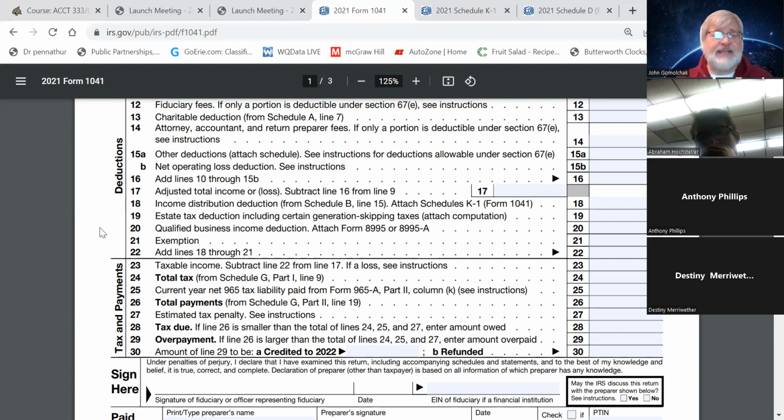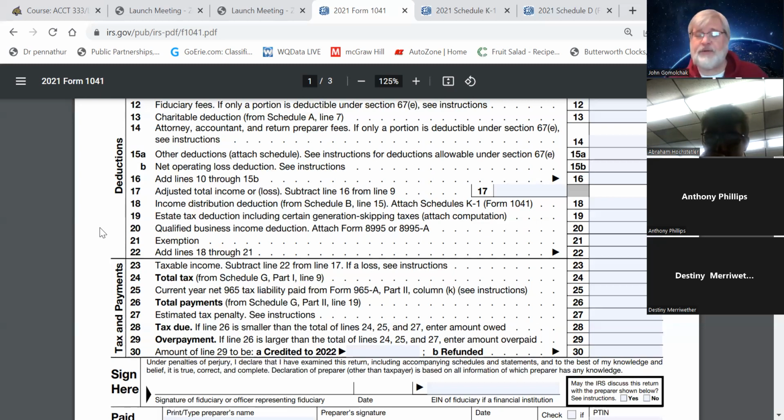All right, continuing on page 1. Line 19, estate tax deduction, including certain generation-skipping taxes, a tax computation. If we are in the first year of an estate and we end up paying estate tax, the federal death tax, we get a deduction for it here.